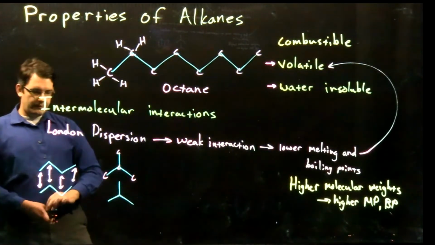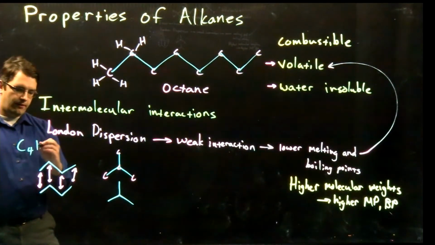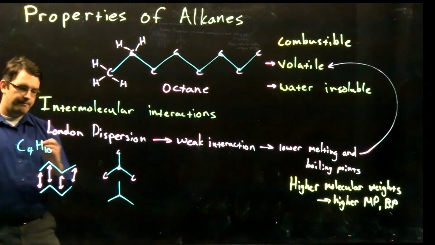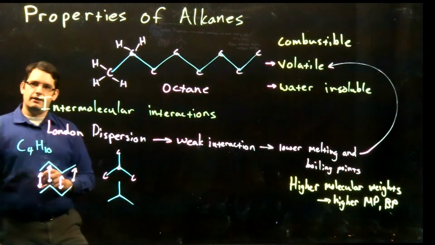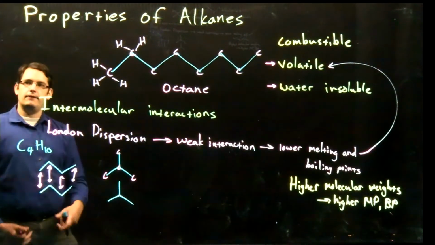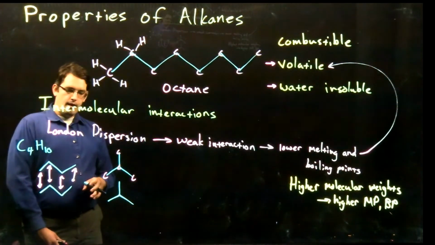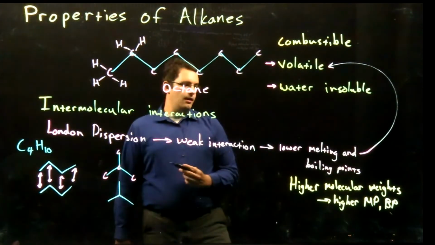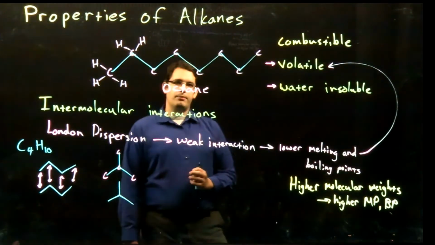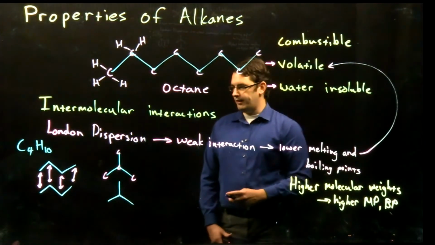And so they actually both have the same molecular formula, C4H10. Now, since they have the same formula, but our structures are obviously different, that means that they are structural or constitutional isomers. So their molecular weights are the same, and we can't conclude from our previous statement which one would have the higher melting point or boiling point.